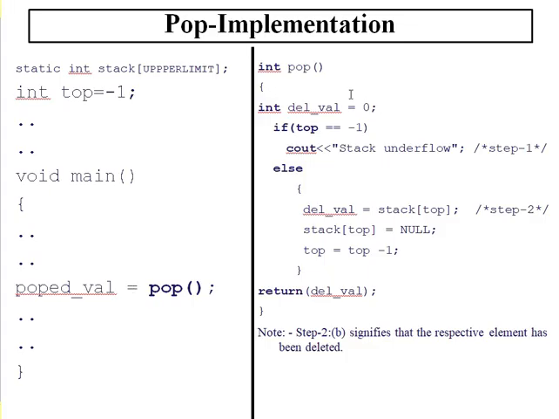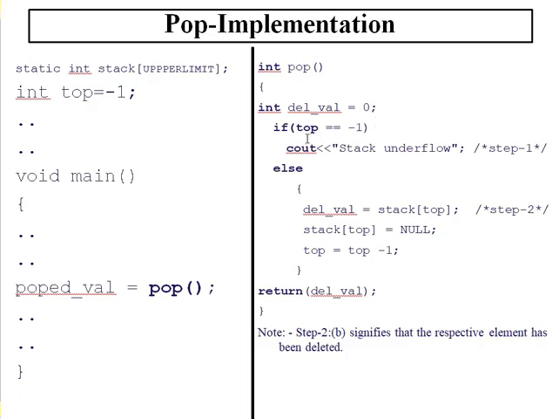Based on the given algorithm, we should declare a variable that will hold the value that will be removed from the top of the stack. So int del val = 0 means we are declaring a variable that will hold the removed value. The first step is checking if the stack is underflow or not.